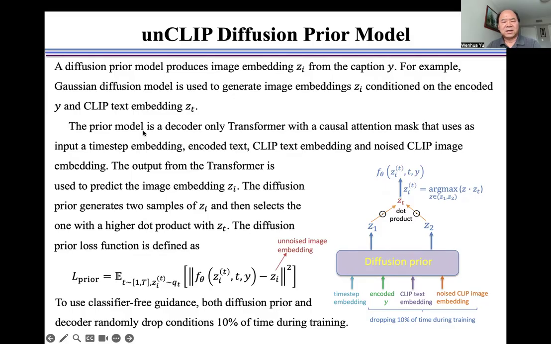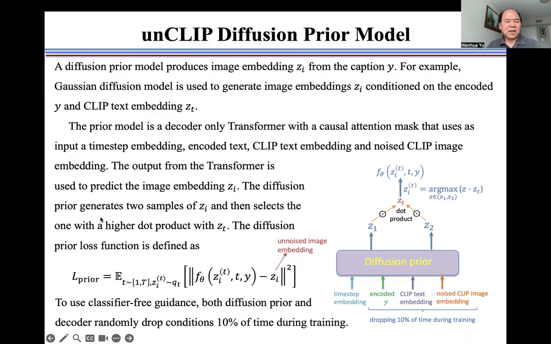The prior model is a decoder-only transformer with a causal attention mask that uses as input the time step embedding, encoded text, CLIP text encoding, and noised CLIP image embedding, as shown here. The output from the transformer is used to predict the image embedding Zi as shown here.